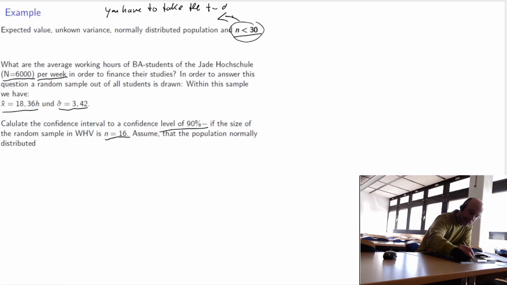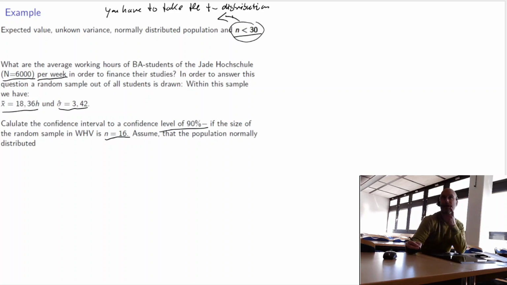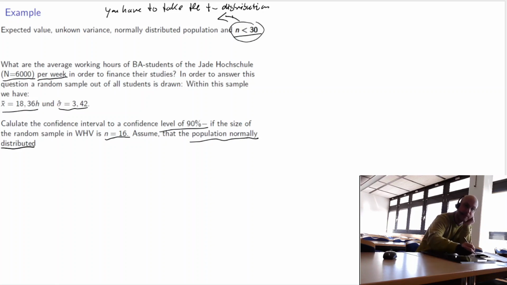And in order that you are really allowed to take the t distribution, you also have to assume that the parent population is normally distributed.